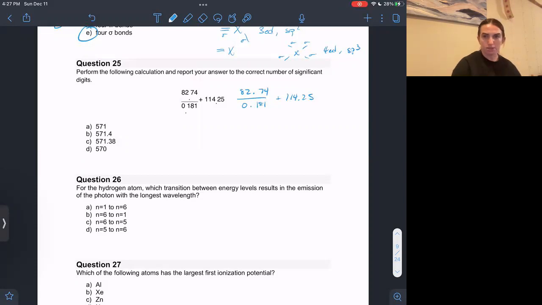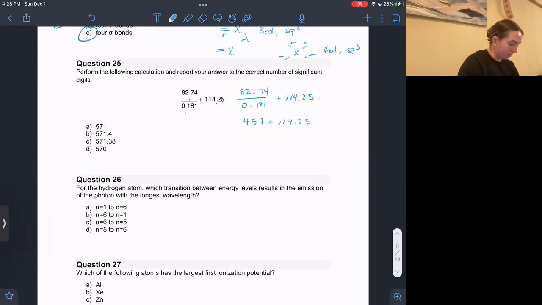So when I do PEMDAS, I'm going to do my division first. And since 0.181 has 3 sig figs, I'm going to solve it to 3 sig figs. So that should be 82.74 divided by 0.181. That is 457. 3 sig fig, that's it.